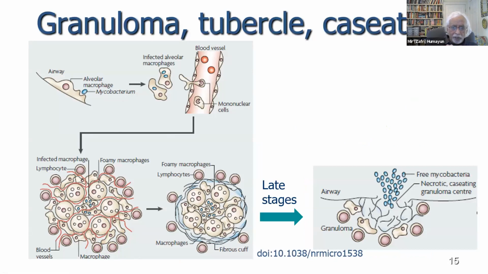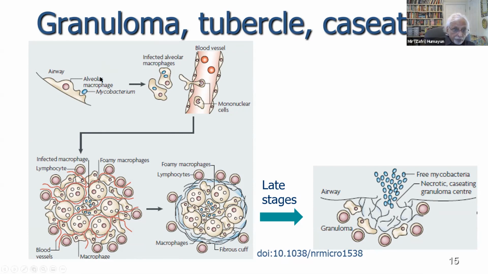So here is another view of a granuloma and its relation to other structures called a tubercle and a caseation focus. This is one of a series of slides I'll be showing you throughout this lecture.